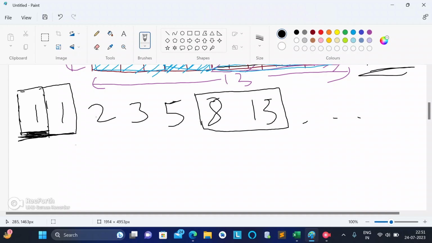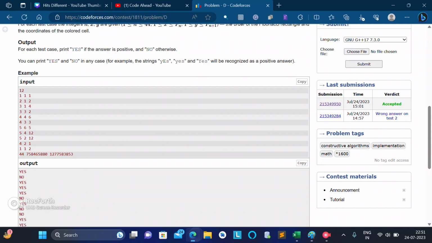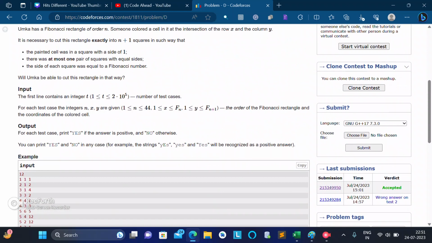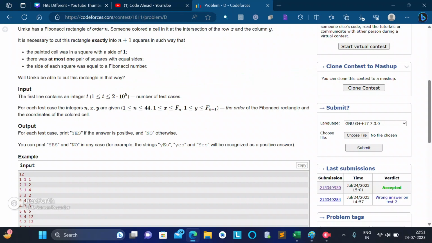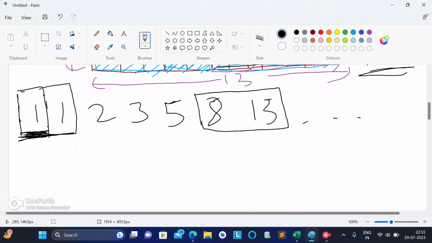Whenever I was trying to make squares in the rectangle, the important thing is that it is necessary to have one pair of squares having the same side, and that pair has side length equal to 1. Why? Because one length is given in the question and one length is remaining with us.